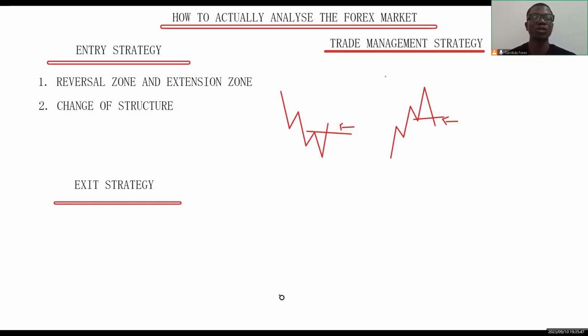So a change of structure is the most reliable entry confirmation that any trader needs, and it is what I rely on to enter or pick a position on a particular trade.